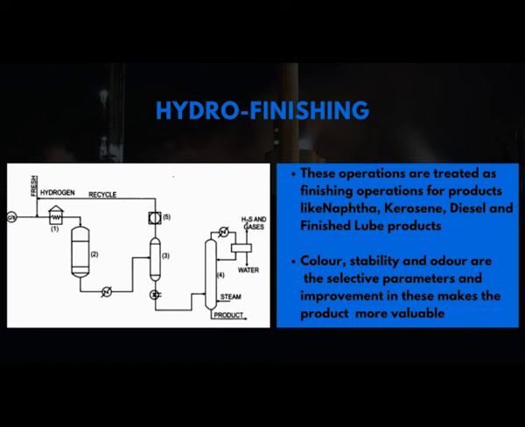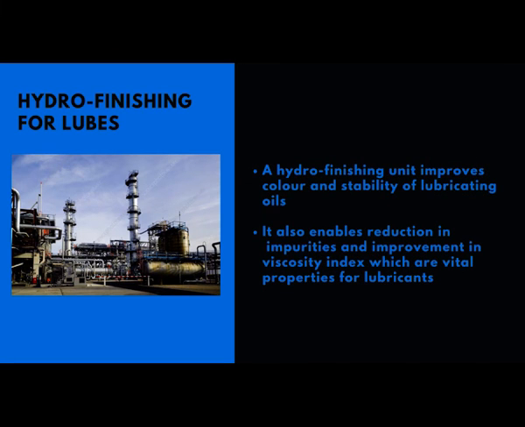The color improvement, odor improvement and stability are all addressed in the hydrofinishing units. The hydrofinishing unit improves the color and stability of the lubricating oil. It also enables reduction in impurities and improvement in viscosity index, which are vital properties of lubricants.